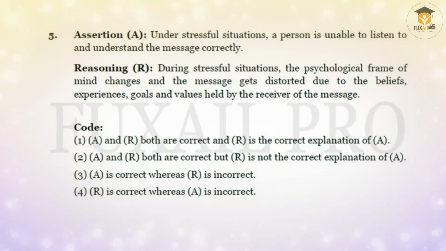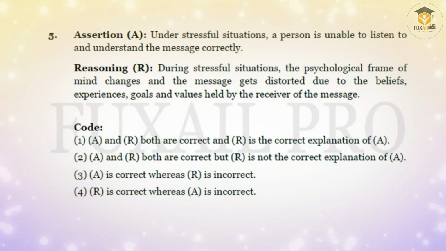5. Assertion (A): Under stressful situations, a person is unable to listen to and understand the message correctly. Reasoning (R): During stressful situations, the psychological frame of mind changes and the message gets distorted due to the beliefs, experiences, goals, and values held by the receiver of the message. Code: 1.